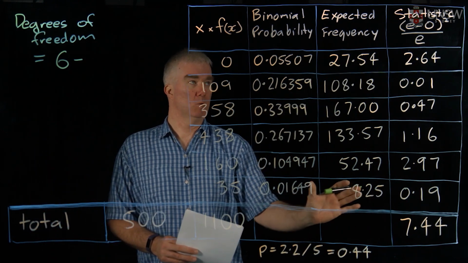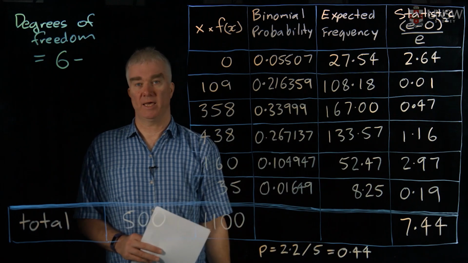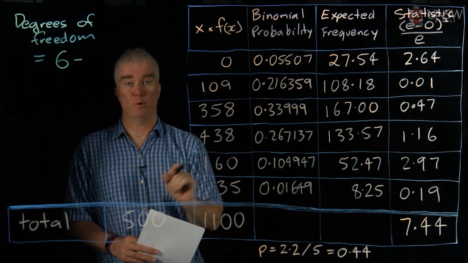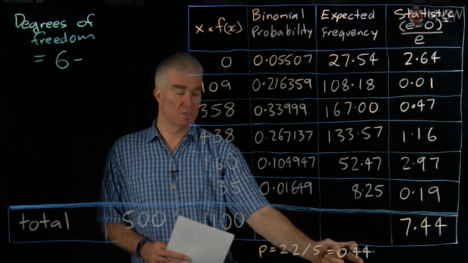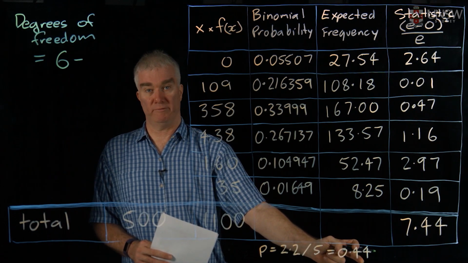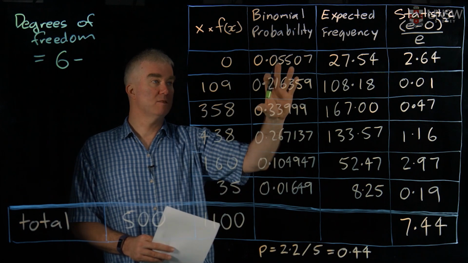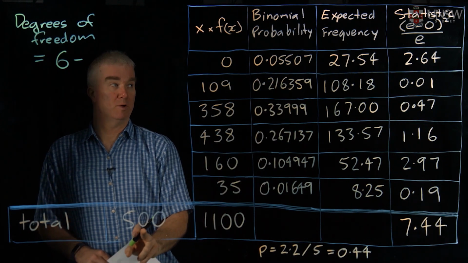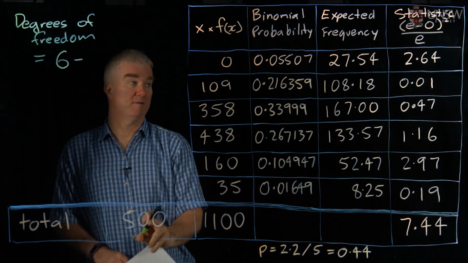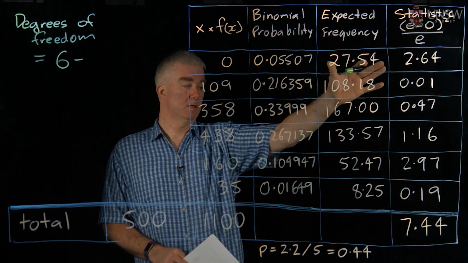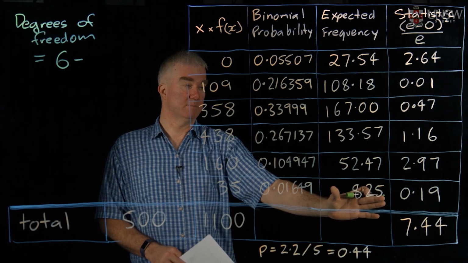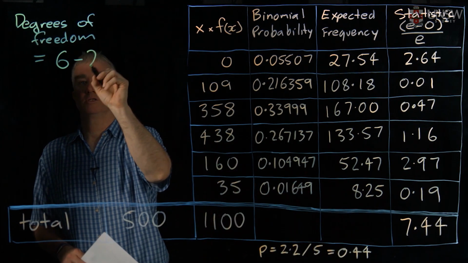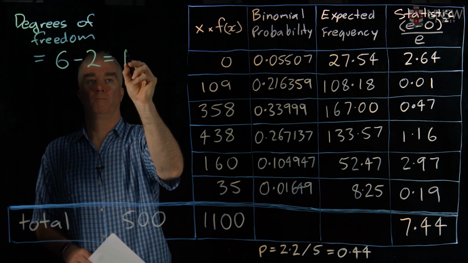To calculate these values, the first thing we needed was to calculate those binomial numbers, which used the p-value of 0.44. The second value we used was we multiplied these numbers by the total frequency, which gives us 500. So we've got 1, 2. So 6 minus 2 is equal to 4.